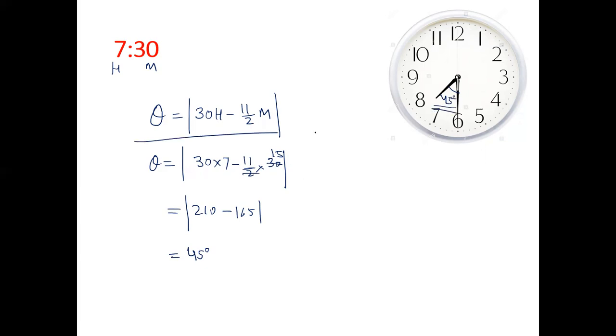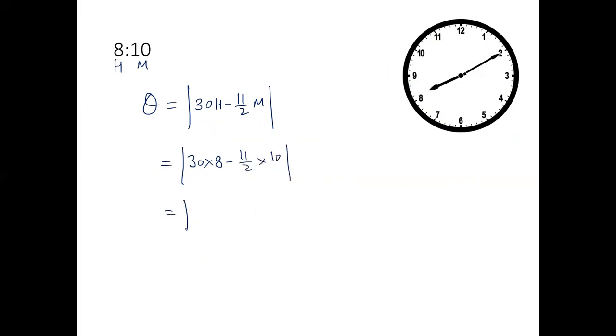The most important thing is to always remember this formula. Theta is equal to 30h minus 11 by 2m. Let's see one more example. 8:10. Is this 180 degrees or less than 180? The formula is 30h minus 11 by 2m. h is 8, m is 10. 30 into 8 is 240.